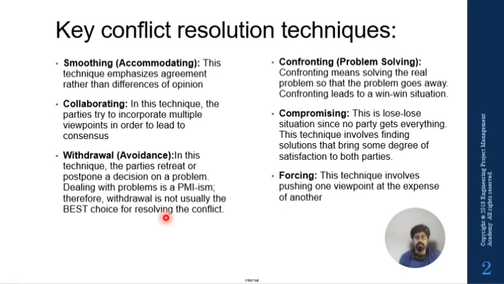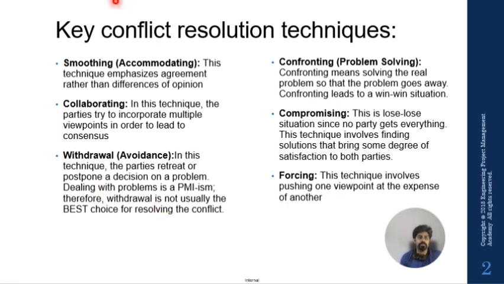You are being dormant and non-active on this, withdrawing yourself, and then the solution eventually comes at some point where, because of the timeline, somebody comes up with a solution where everybody is compromised, or everybody understands, okay, this would be the right solution, instead of solving it up front. This is not an active way, it is quite a passive way. I wouldn't recommend it for all situations. For things which are not so critical, you can for sure use this, but the other techniques are for areas where the issue is really critical.